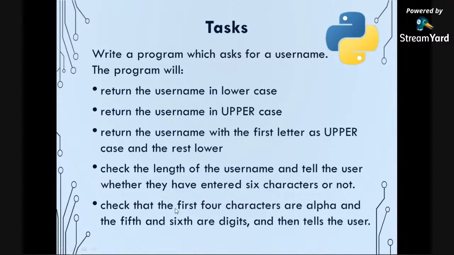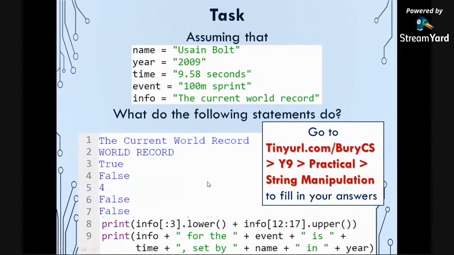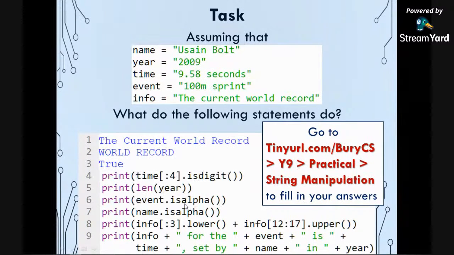And then check that the first 4 characters are alpha and the 5th and 6th are digits, and then it tells the user. So one of the things on this last one, you might need things like this kind of thing where you've got the variable name and you've got your square brackets and you're getting a certain part of that variable.